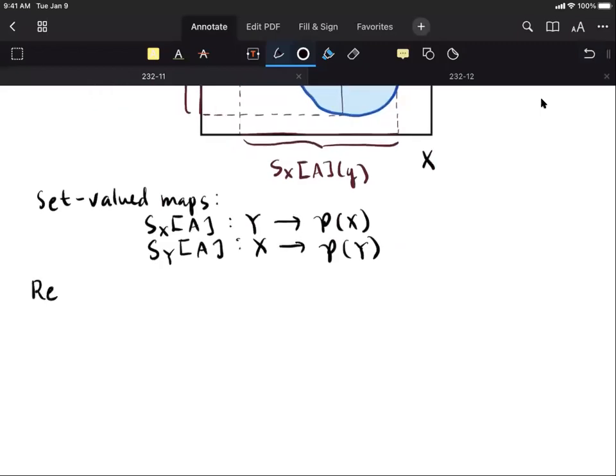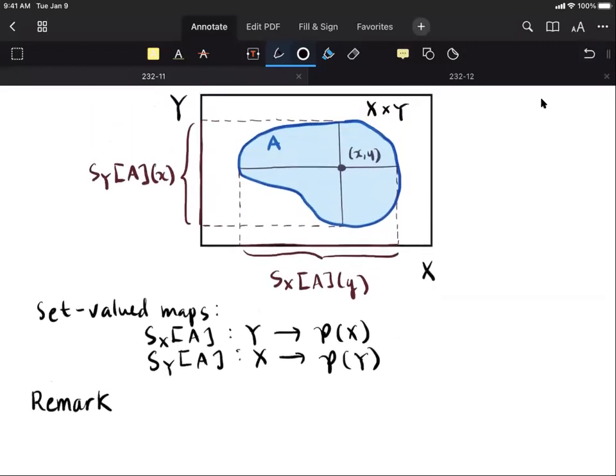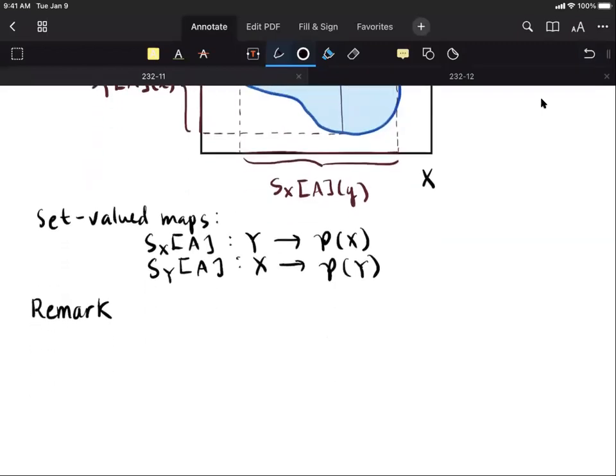Well, instead of a general set A, which is a subset of the Cartesian product, what if we also have a Cartesian product of subsets of X and Y? How do these sections look like?